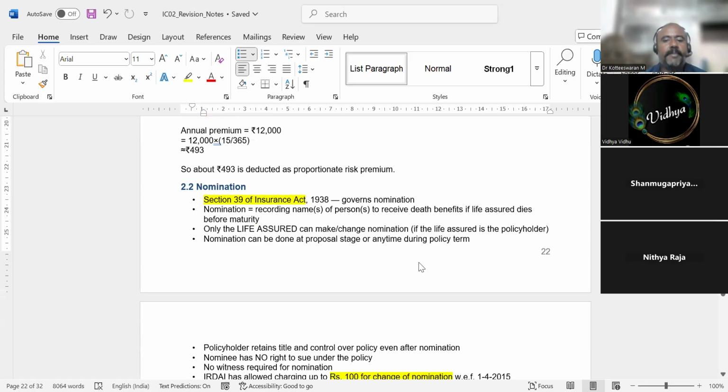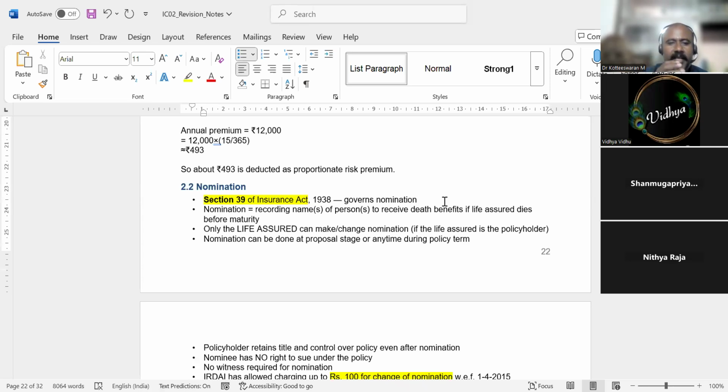Then we have nominations. Nomination comes under Section 39 of the Insurance Act. This is very important. A nominee means the person to whom the policy benefits should go. If you are dead, unfortunately, who is going to get these things?